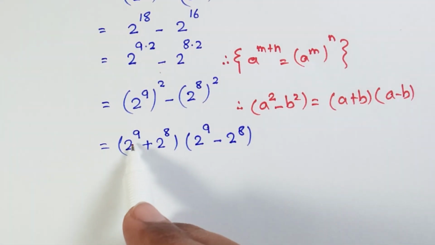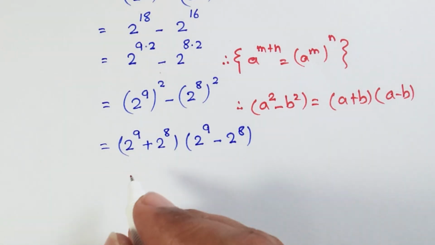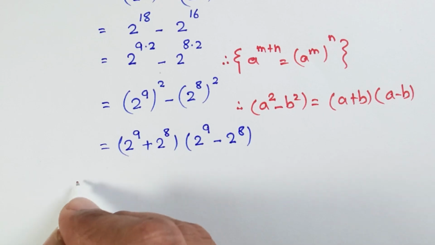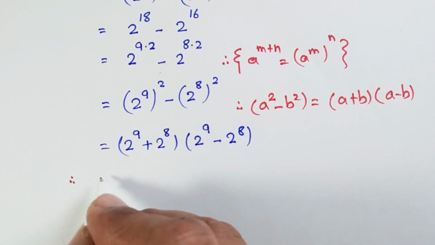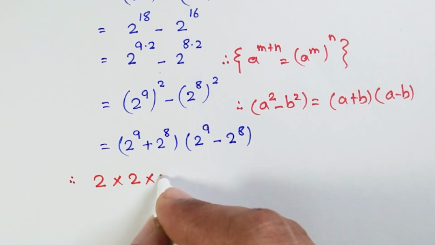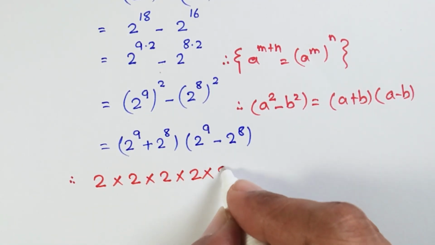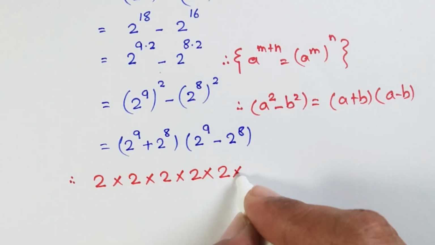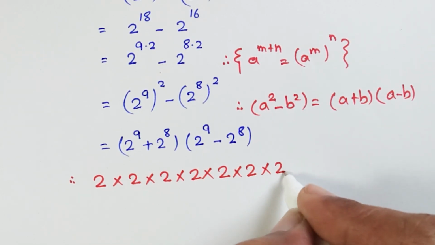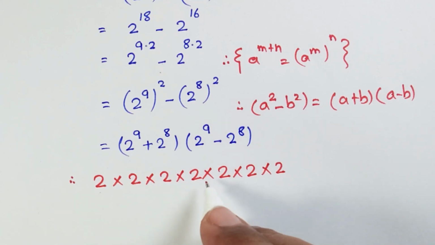So now we will find their values, 2 to the power 9 and 2 to the power 8. For this we will do this step: 2 multiply by 2 multiply by 2, 2 multiply by 2, 2 multiply by 2, and so on.